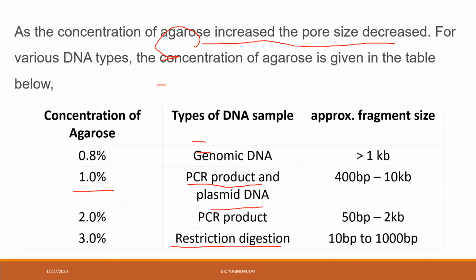Even if we increase the concentration of agarose up to 3%, such small fragments can pass easily through the pores that form, and thus based on the size of fragments we should decide the concentration of agarose.